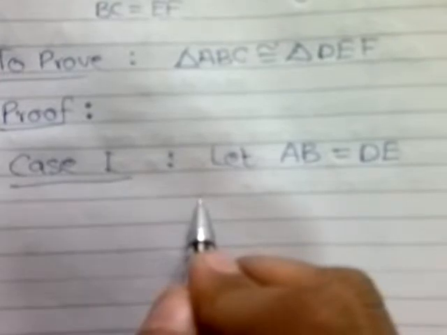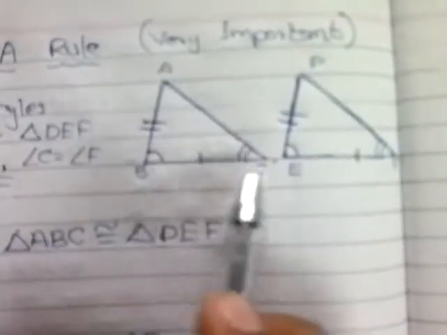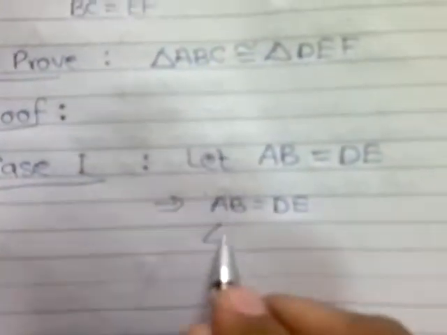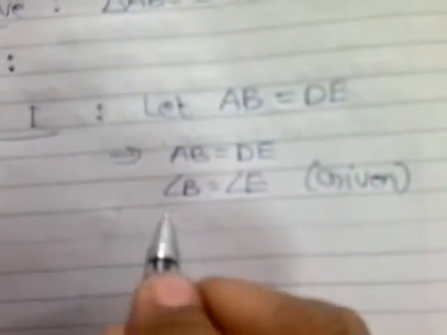Okay, so what we are going to do here is that this implies AB is equal to DE, right? Then angle B is equal to angle E, which is given. And finally BC is equal to EF, and that is also given.